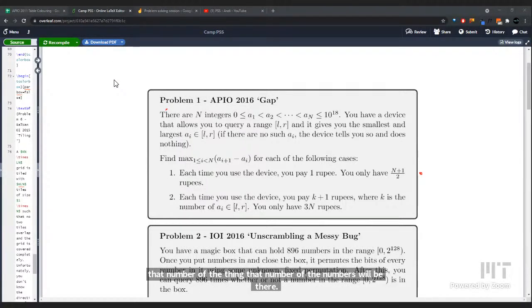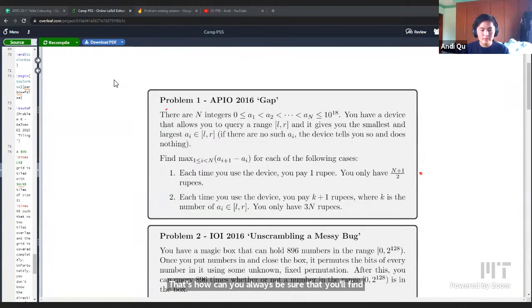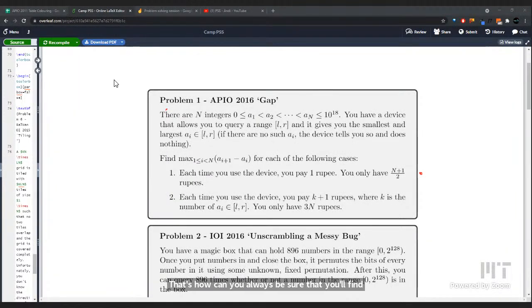But how can you always be sure that you'll find the answer? Maybe after optimizing, you get it surely for a specific x. Maybe you can, but there is a deterministic way.